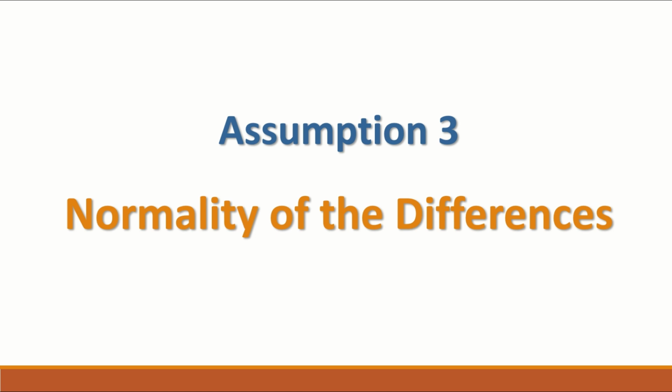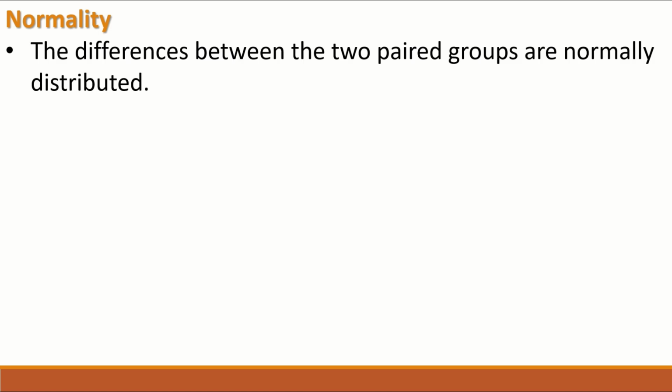The third assumption that has to be fulfilled is the normality of the differences. So the differences between the two paired groups are normally distributed. You take the values from each group, subtract them from each other, and then check whether this data is normally distributed.